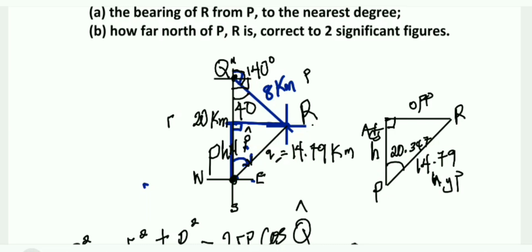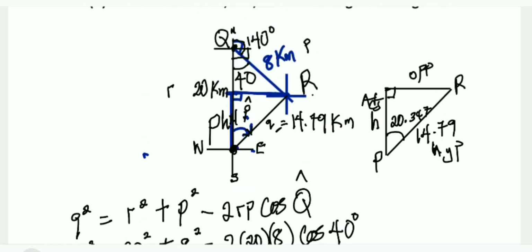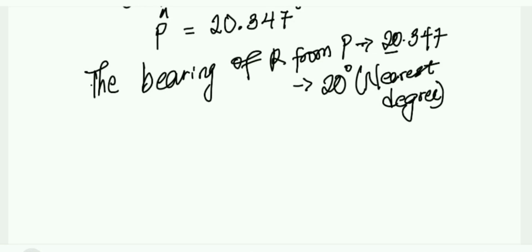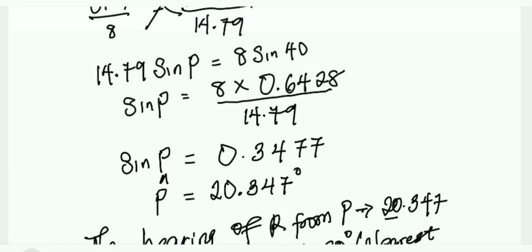Cos is adjacent over hypotenuse. So cos 20.347 equals the adjacent over the hypotenuse, which is 14.79.